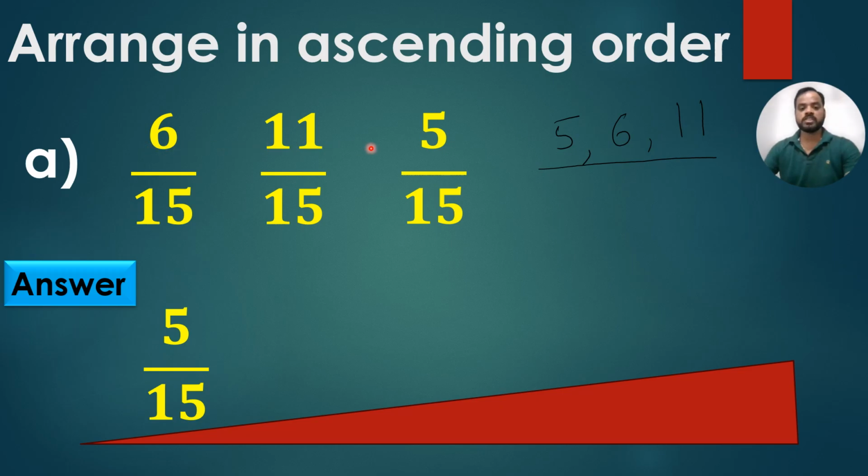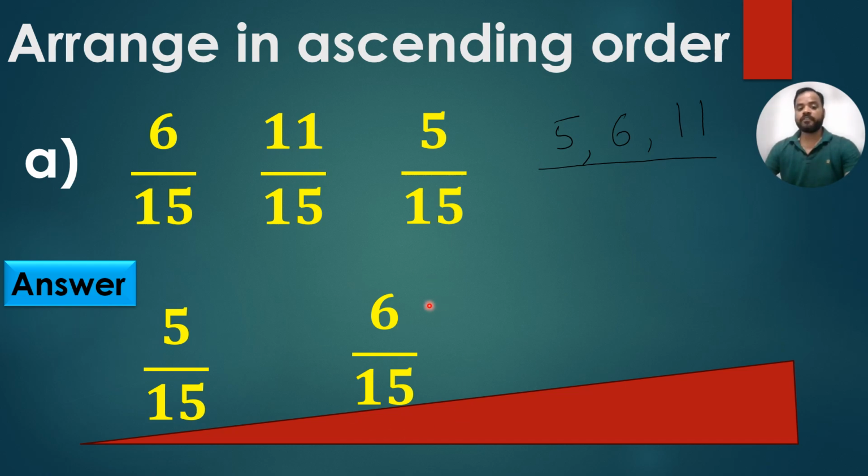So we have to check the numerator. In numerator, the smallest one is 5. So the smallest fraction will be 5 by 15. Then the next smallest number is 6. So the next fraction in ascending order will be 6 by 15 because 6 is greater than 5.